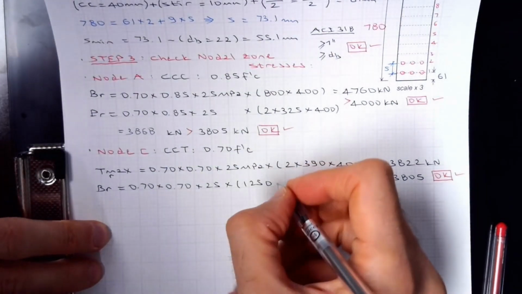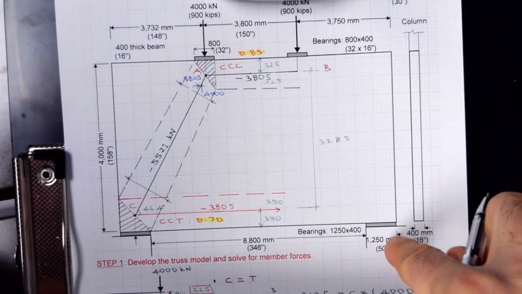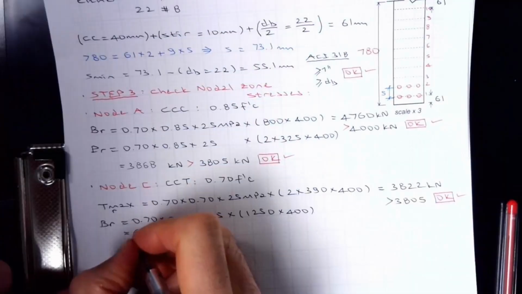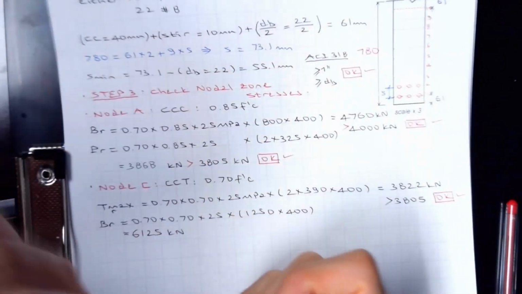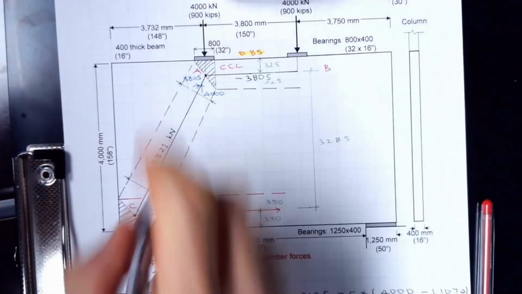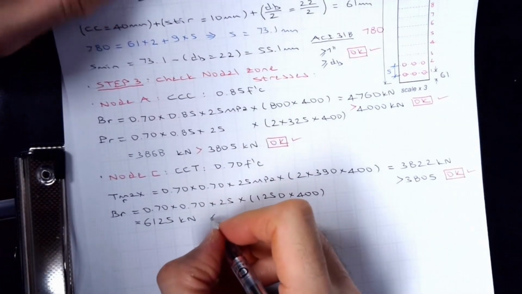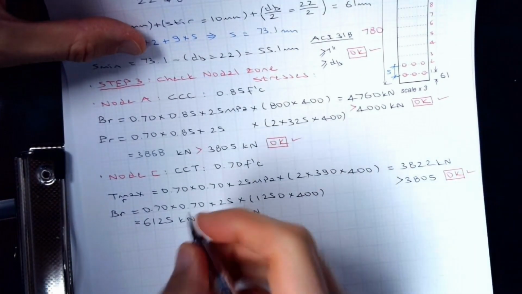Okay, perfect. 1250. That's the bearing plate size, 1250 by 400, 6125 kilonewtons. So the force we got would be 4,000 at that point. No problem.